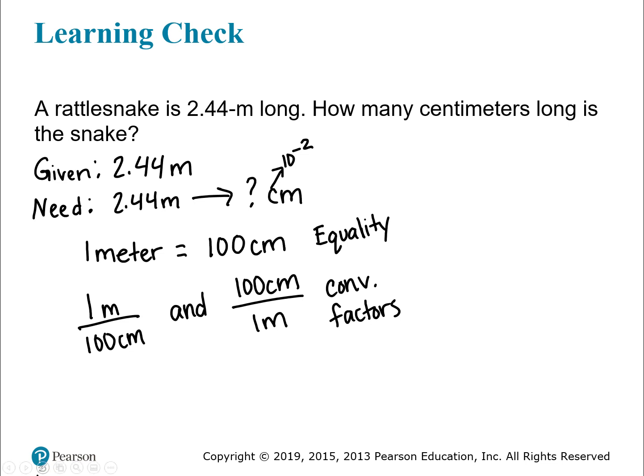Conversion factors. Boom. Now we have to figure out which one of these we want to use. We're trying to go from meters to centimeters. So that means that we want to cancel the meters and have the centimeters on top. So we're going to go with the 100 centimeters on top and the 1 meter on the bottom.